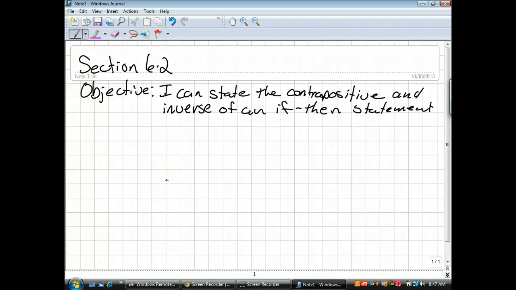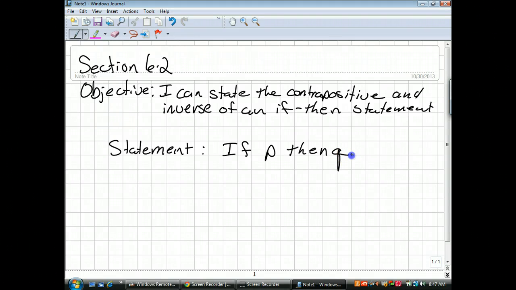Section 6.2, our objective today is I can state the contrapositive and inverse of an if-then statement. So remember that if we are given an if-then statement, it's in the form of if P, then Q, where P is the hypothesis or the given information and Q is the conclusion, right?